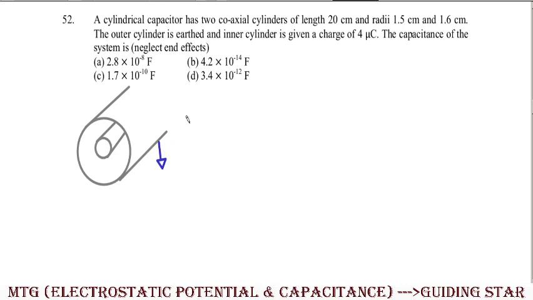Let us assume the inner cylinder is given a charge of 4 microcoulomb, so the inner cylinder is positively charged. That means due to induction the outer cylinder will be negatively charged.